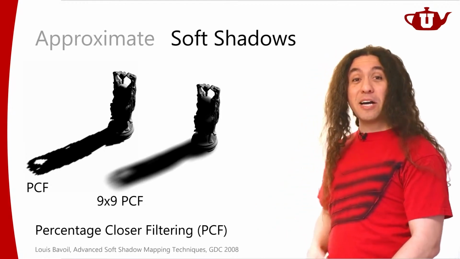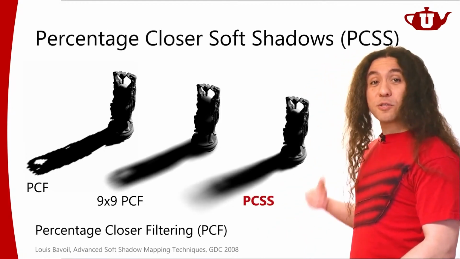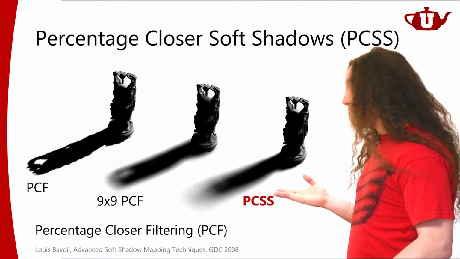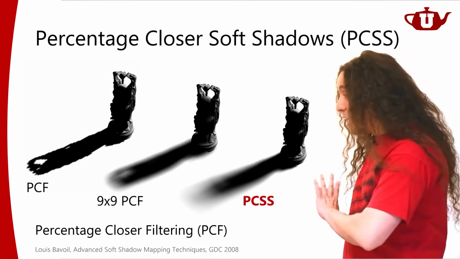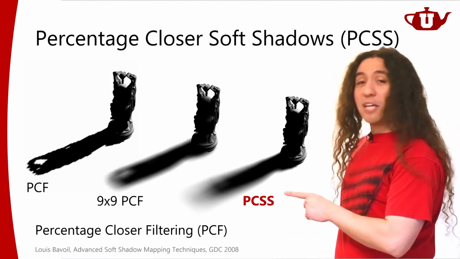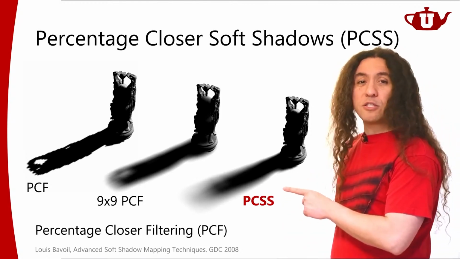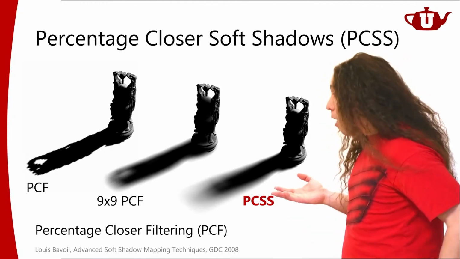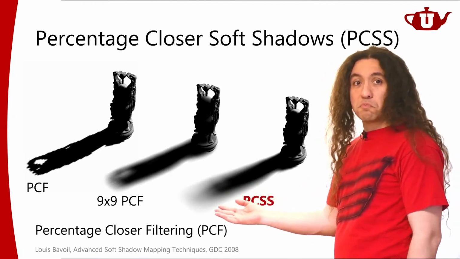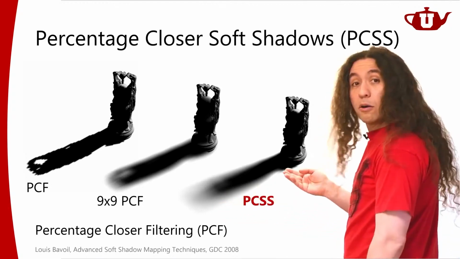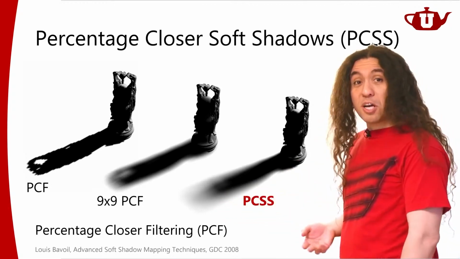So that's the idea of percentage closer soft shadows. And with that, you can get pretty nice looking shadows. These will not match the results of ray traced soft shadows, but they give me the visual appearance of that, right? So there's soft here, hard over here, looks pretty good.